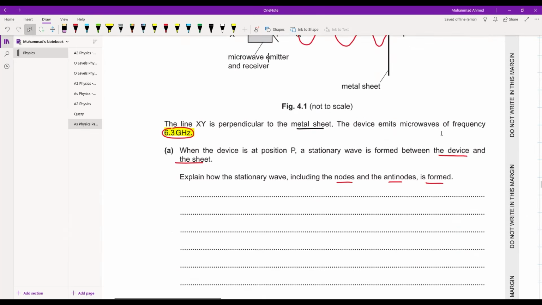The microwave emitter emits incident progressive waves. Next point.